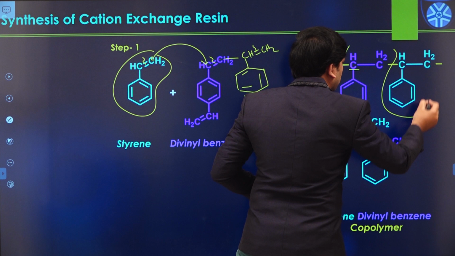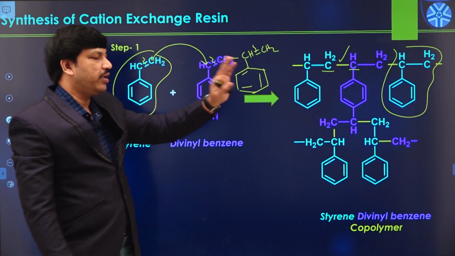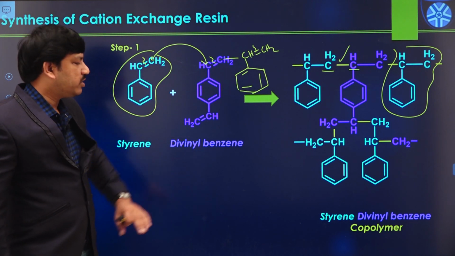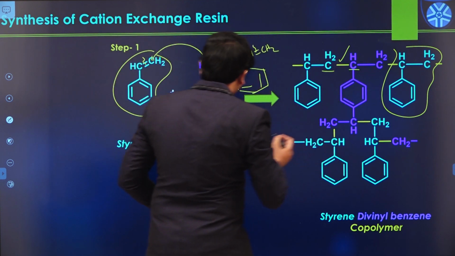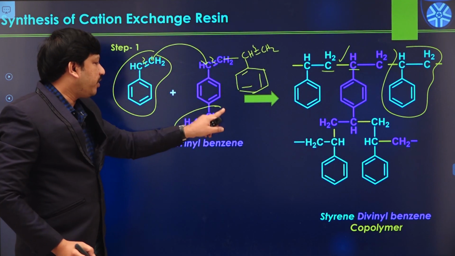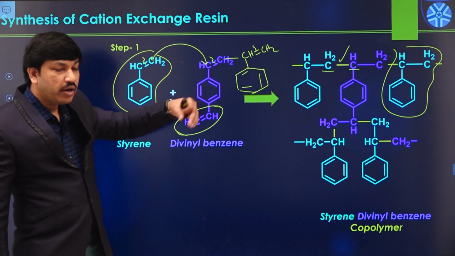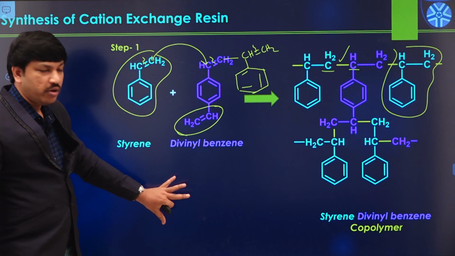So this process continues in different directions, until all the available styrene and divinyl benzene is used. On the other side we have another vinyl group, CH double bond CH2. Even this group can undergo further polymerization with different styrene molecules.